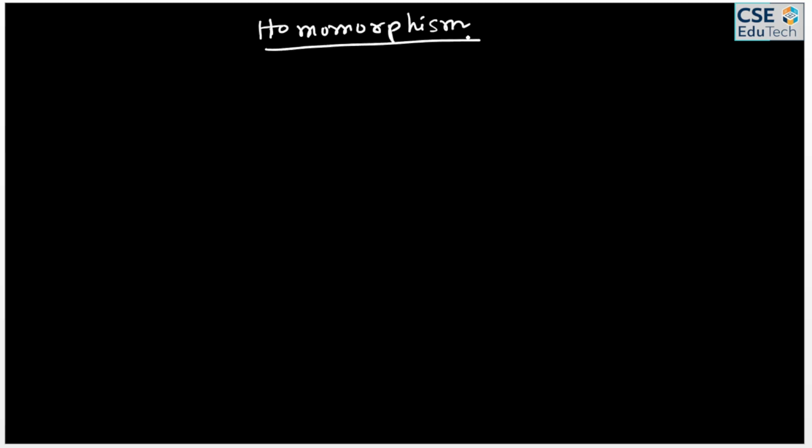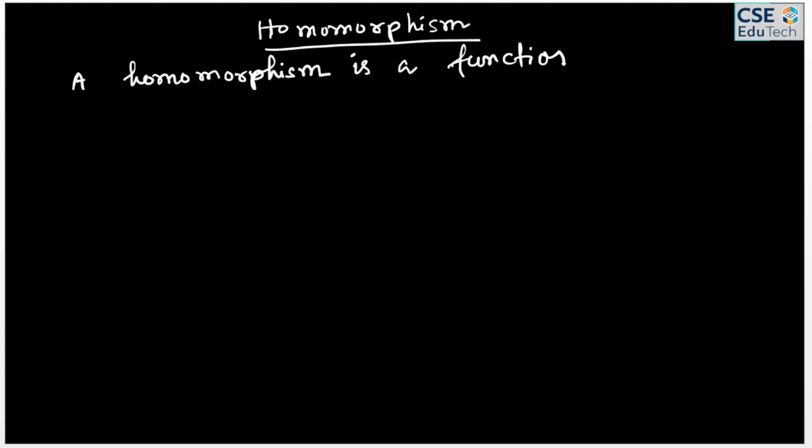We can define a homomorphism as a function H, a mapping from sigma star to delta star, where sigma is an alphabet and delta is another alphabet, defined as follows.